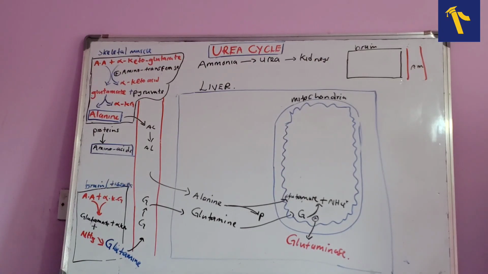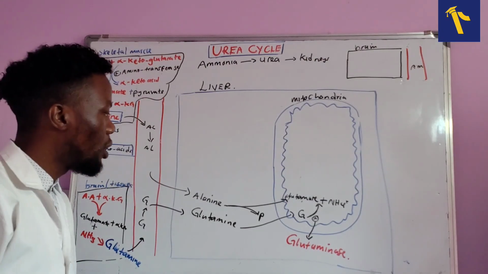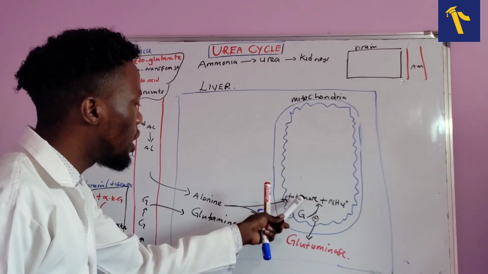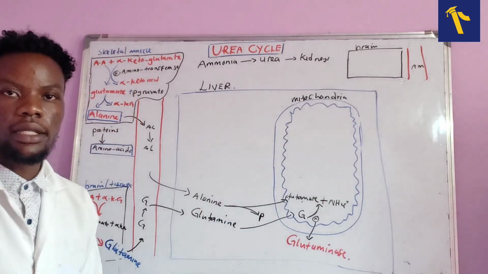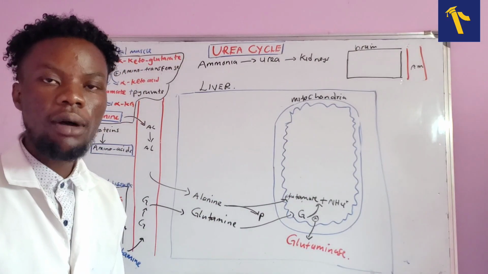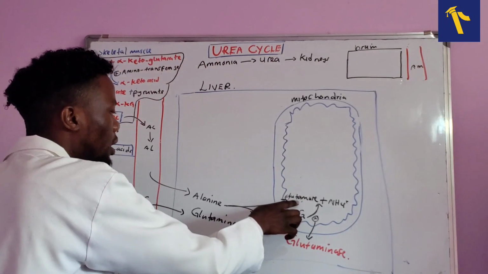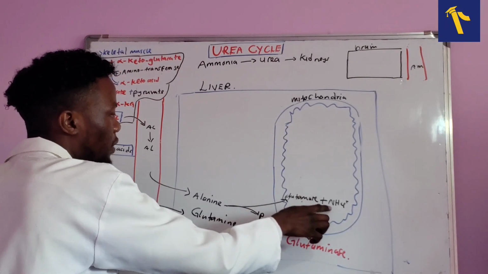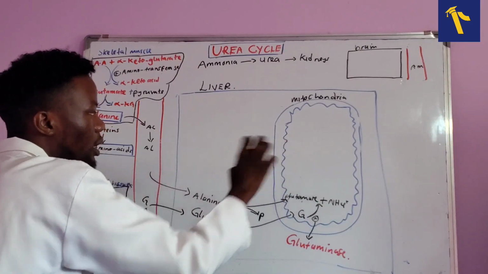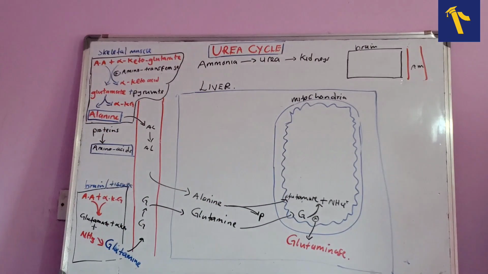Now, the important thing that you need to understand is that this glutamate also has something inside, which is the ammonia molecule that we require. So we need to break down this glutamate as well, so that we can have more ammonia, so that those ammonia molecules can be converted into urea, the urea that we want.